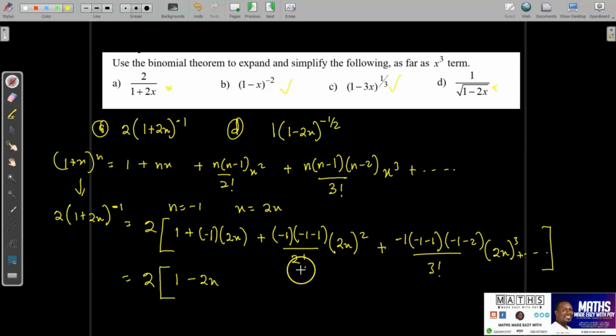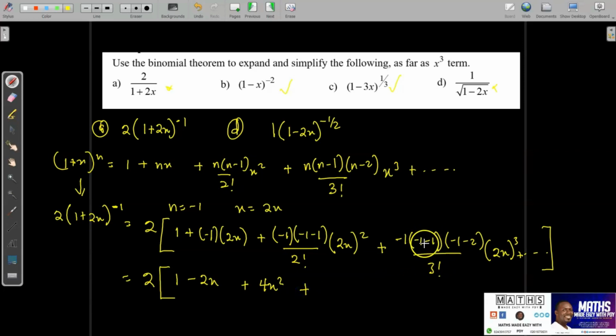What answer is left? 1. And then 1 will multiply 2x all squared, which will give us 4x squared, and that is going to give us plus 4x squared. Are you clear with the simplification of what I have here? Yes, sir. Good.